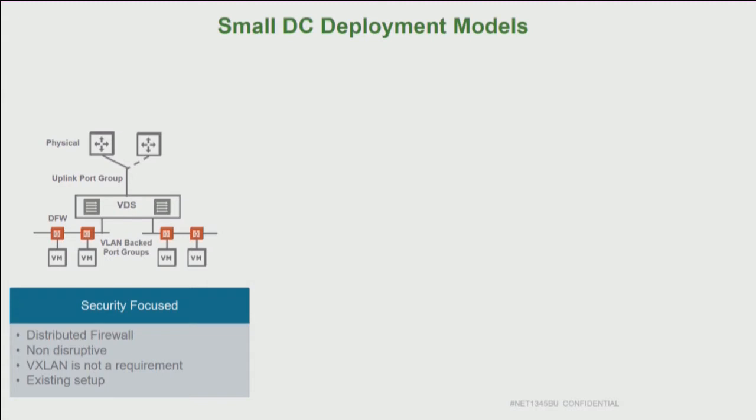You don't need to make any changes on your physical infrastructure. All you need is just one single virtual machine, which is NSX Manager. And you can deploy NSX Manager and implement the security-focused deployment model on your existing vSphere installation with VLAN-backed port groups, the regular port groups that you have. That is why it is extremely popular. There is no need to make MTU changes or configure VXLAN or anything like that.